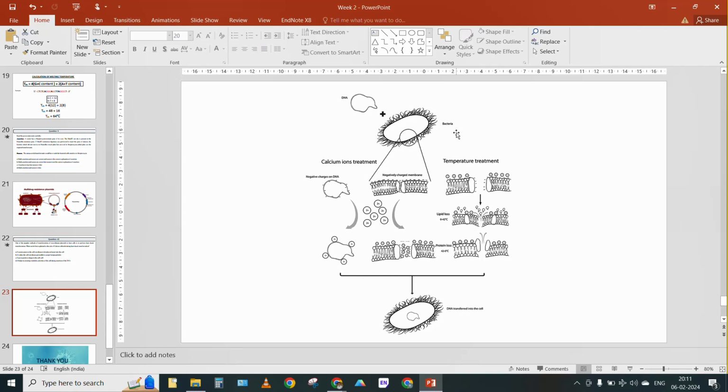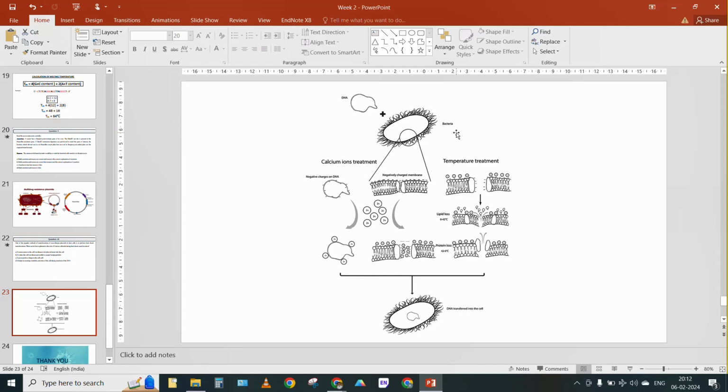In heat shock transformation, a widely used method for introducing recombinant plasmid into host cells, calcium chloride plays a crucial role in enhancing the efficiency of the process. The presence of calcium chloride serves multiple functions. Firstly, calcium chloride helps neutralize the negative charges on the DNA and the bacterial cell membrane. Both are negatively charged.